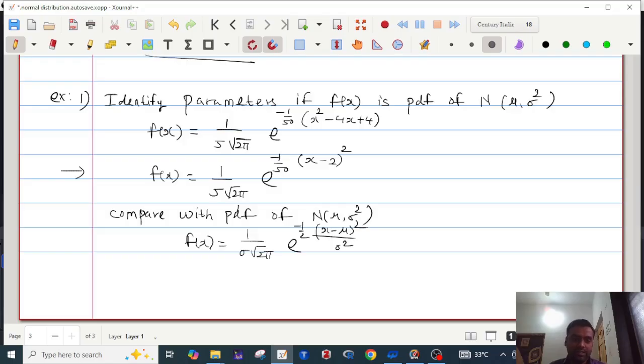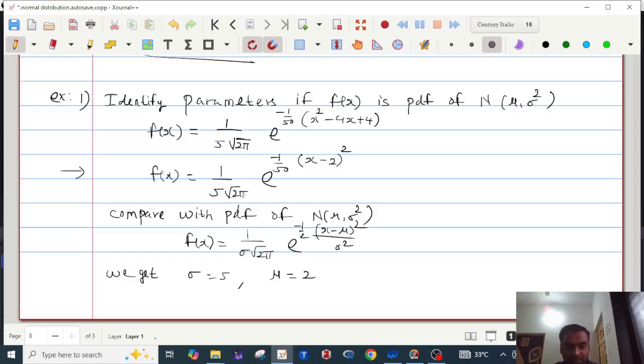So if you compare this with what we have, sigma is equal to 5. Here see, 1 upon sigma under root 2 pi, so sigma is 5, and this is (x minus mu) bracket square. So mu is 2.